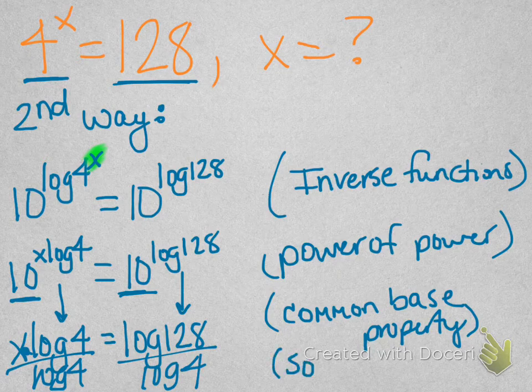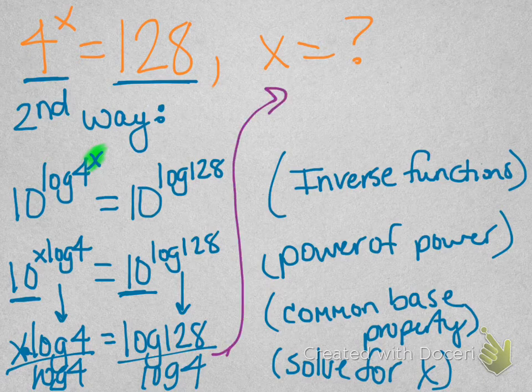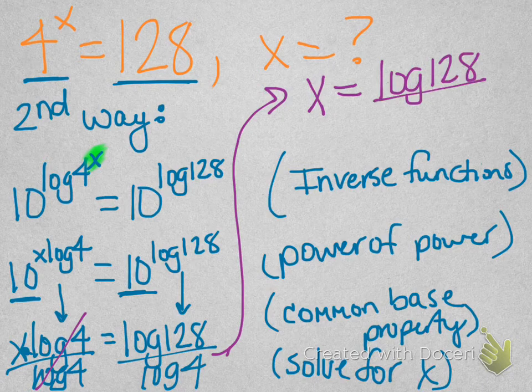So this last step is solve for x. So I'm just going to change colors here to show you that this is going to come up here. So I would get x equals, because this would cancel, log 128 over log 4.